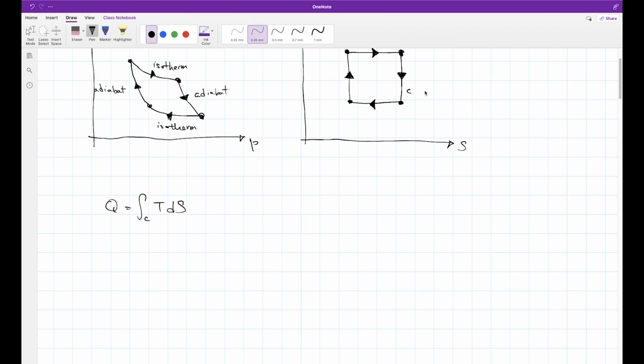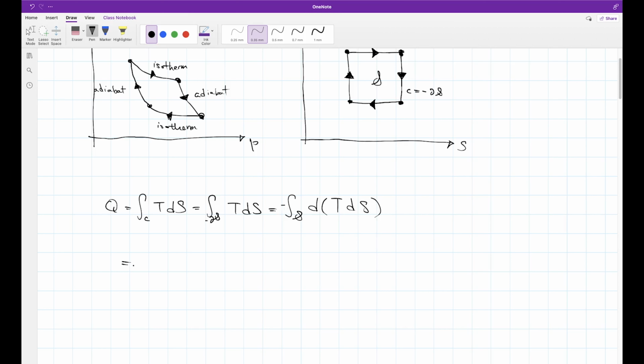But since C is the negative boundary of a region curly S, this is equal to the negative integral over curly S of T ds, and therefore is equal to the negative surface integral over the whole region S of dT ds. And I should have put the minus in there and there.